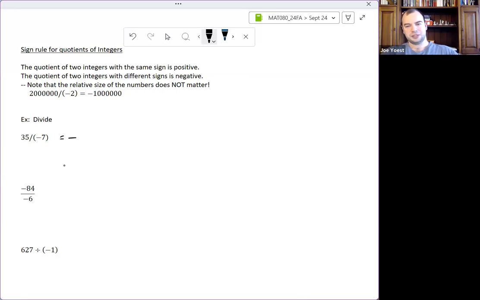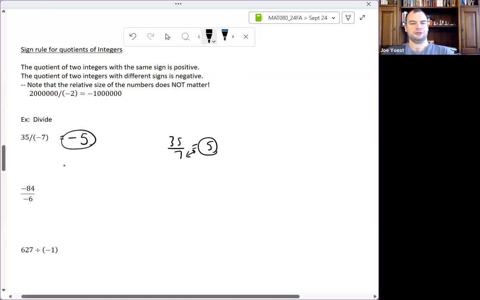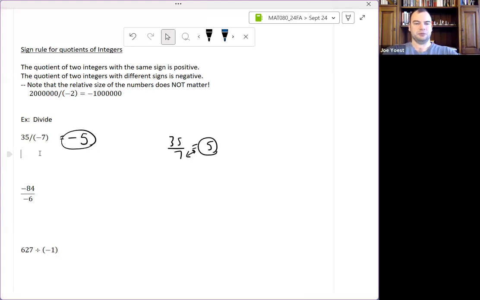What's the size of the answer going to be? 35 divided by 7 is 5, because 7 times 5 is 35. So -5. I get the sign by this rule, and I get the size of the number that goes next to the sign by just dividing the numbers as though they were both positive.